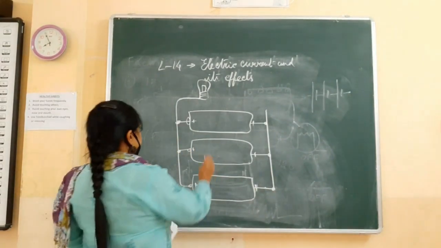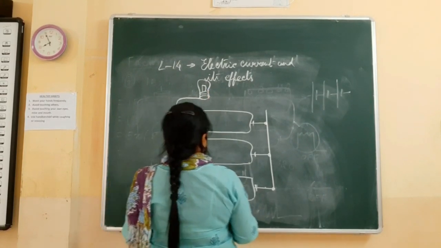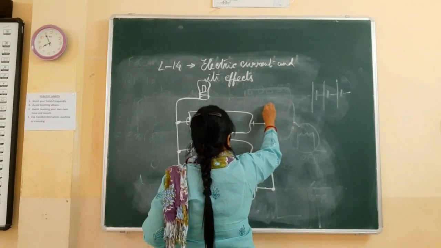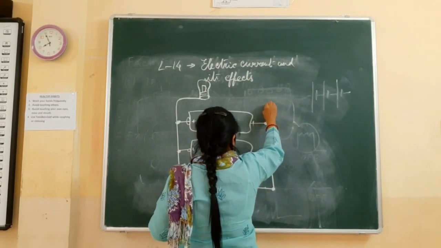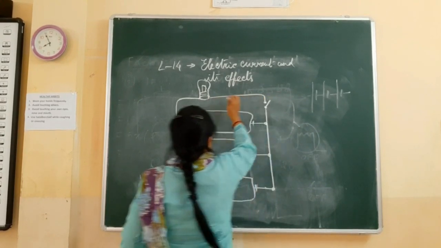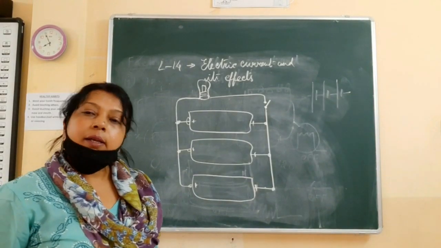And then it is connected to the bulb, or we can say the device, with the help of the wire and the key. So this is called the parallel connection.